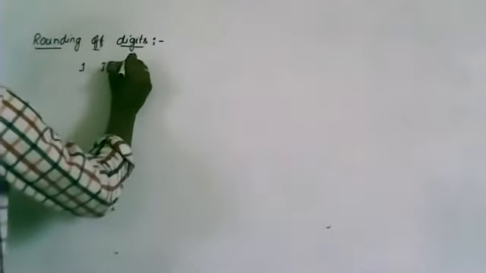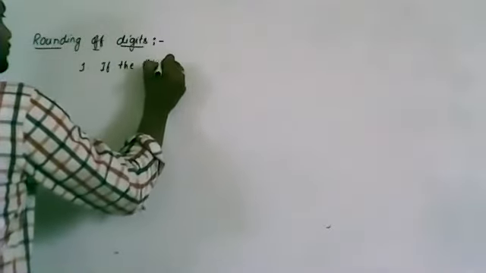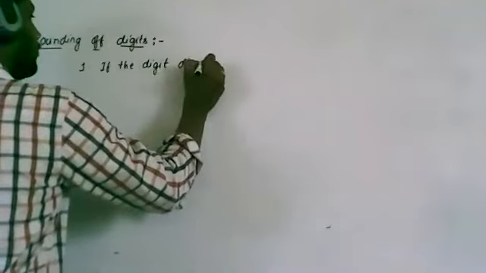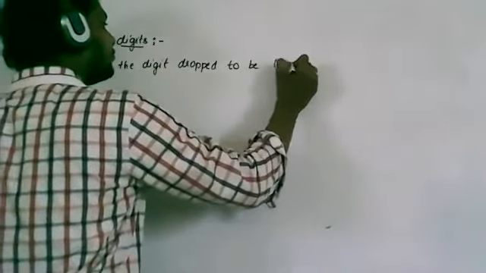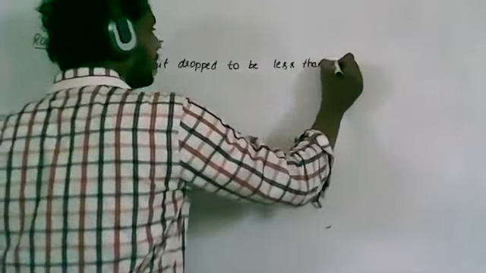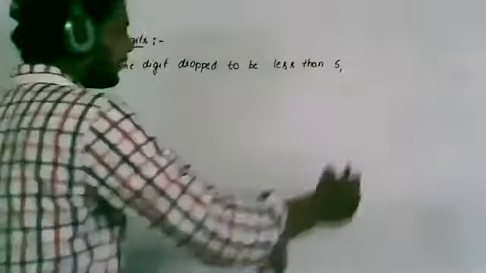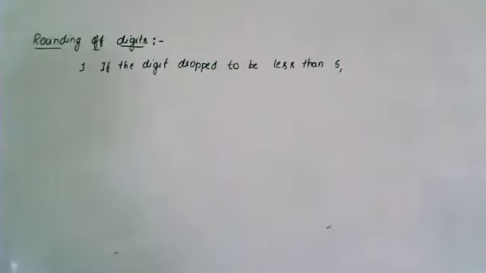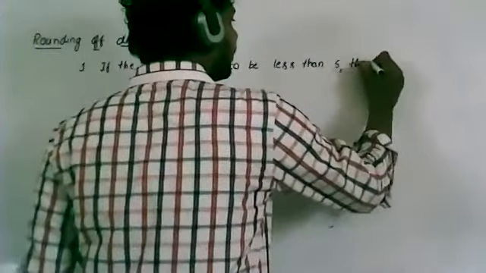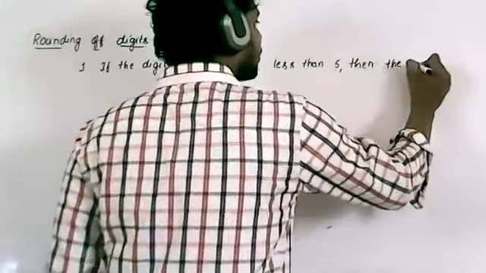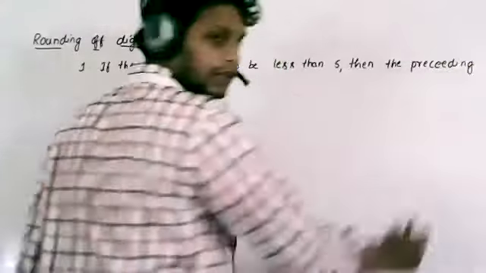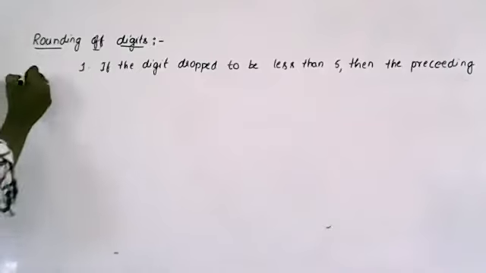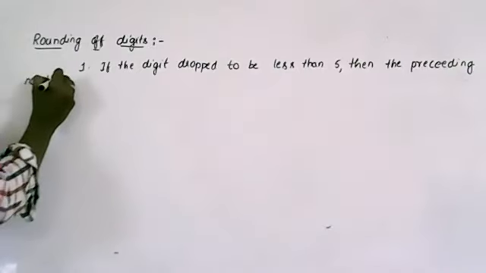If the digit dropped is less than 5, then the preceding number doesn't change.